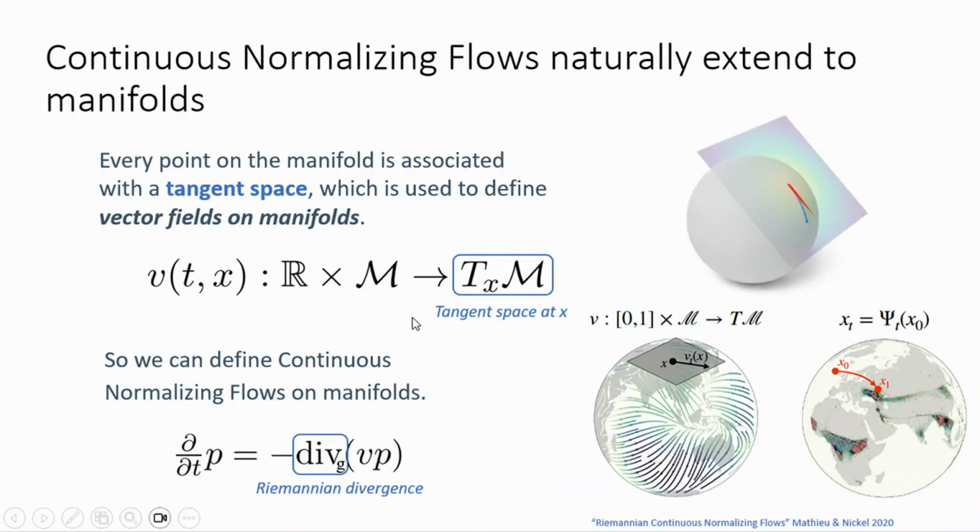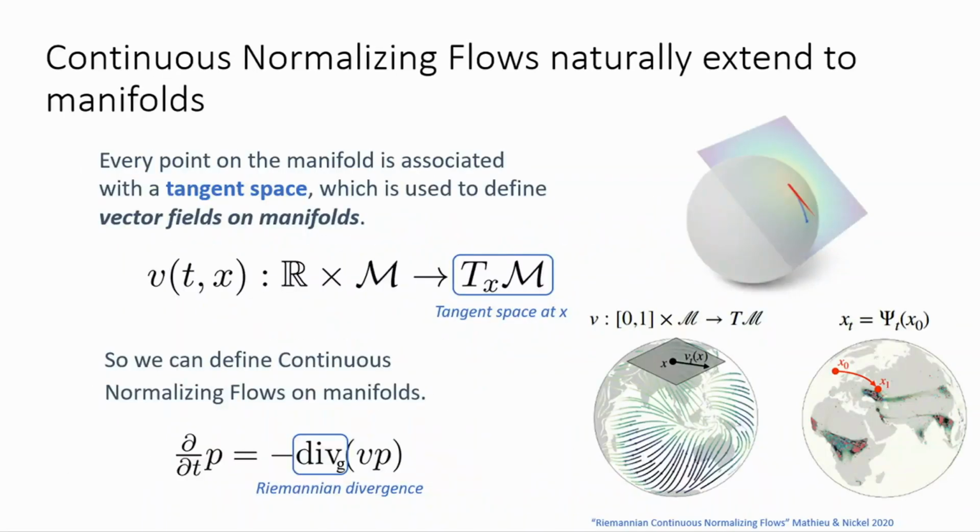The key thing is to always make sure that we derive the form of the vector field such that it resides in the tangent space. And in this Riemannian space, we replace the divergence computation with the equivalent in the Riemannian space. This divergence is also defined for certain types of Riemannian manifolds.